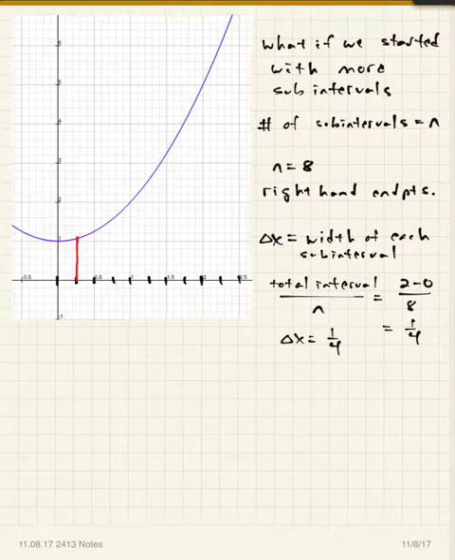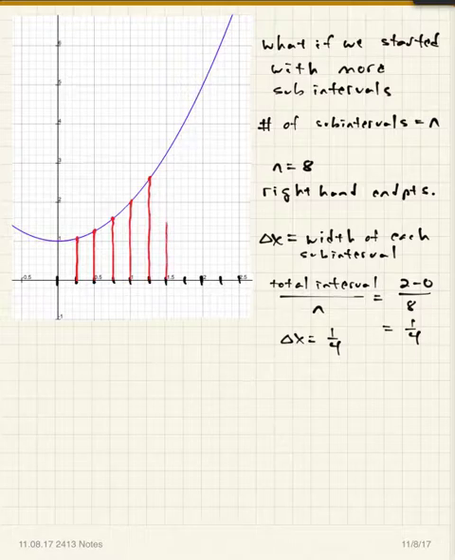So I draw in these line segments here at each of these right-hand endpoints, and these line segments are all going to determine the heights of the rectangle in the subinterval before that. So we've got a ways to go here. We've got a lot of drawing to do.